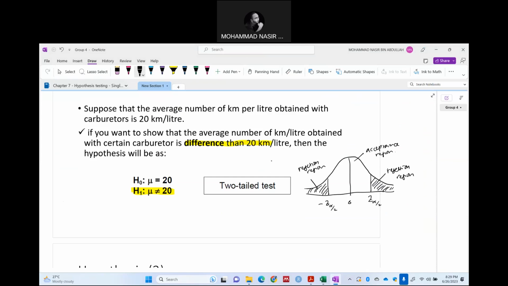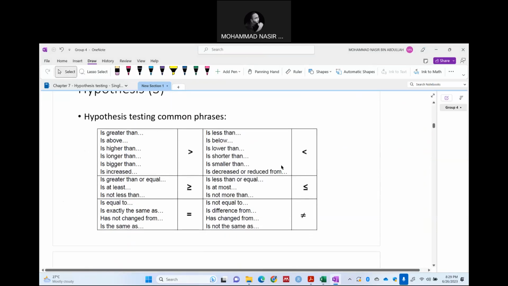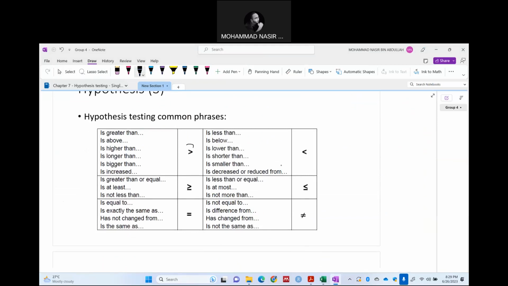If the Z statistic lies inside the rejection region, we reject the null hypothesis. So this is a common phrase for hypothesis testing. If you have more than or less than in the alternative hypothesis, this is a one-tail test. And this is a two-tail test.